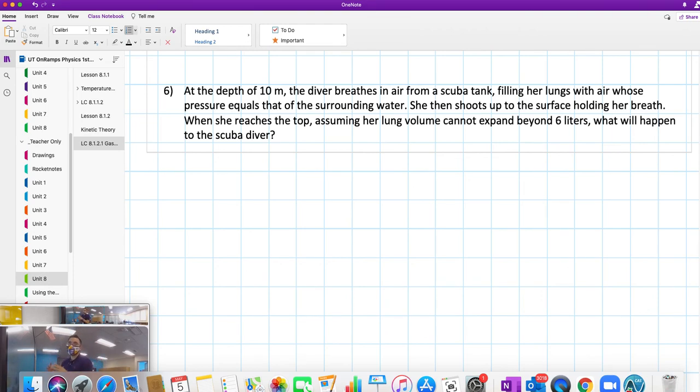So if they're already at max level, that is the 6 liters, and you keep adding air, so you keep increasing the pressure, that excess pressure, since the air cannot go anywhere else, the balloon would pop. So now try to relate that to what would happen to the poor scuba diver. That one I'll leave up to you. That's it.